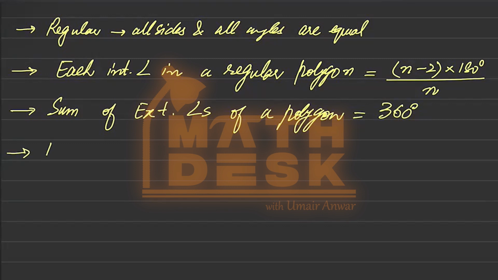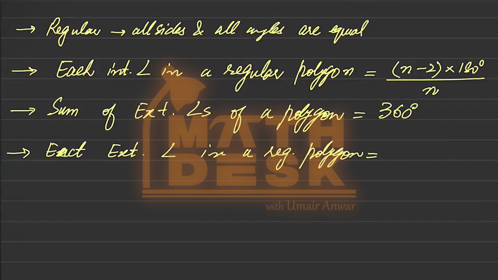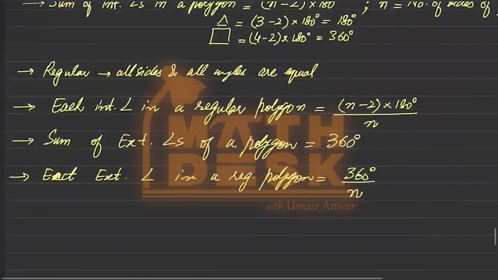Each exterior angle in a regular polygon is equal to 360 degrees divided by the number of angles or the number of sides. So these are some of the important relations that we have regarding polygons.